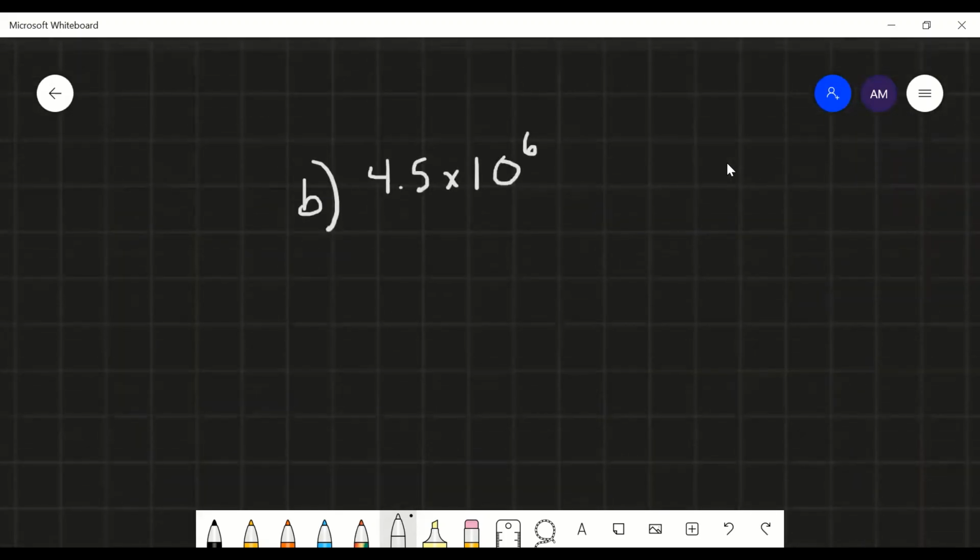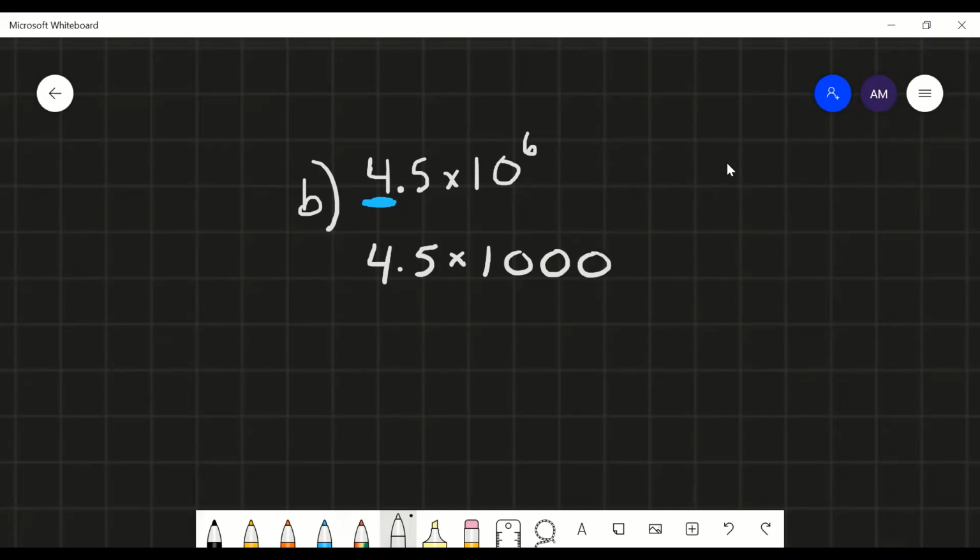It gets a little bit trickier when we get into decimals, but the most important thing is that we take note of the digit here in the units, so the digit that comes right before the decimal. So if we picture what this number is, it would be 4.5 times 10 to the power of 6, which is 1, then 6 zeros.